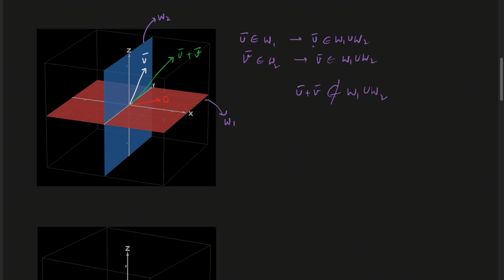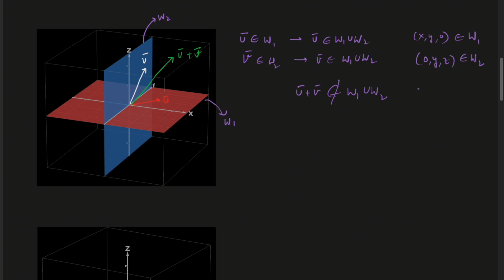Why? Because the elements in W1 are of this type, that is x comma y comma 0, the z component is 0, whereas the elements belonging to subspace W2 are of this type, 0 comma y comma z, right?